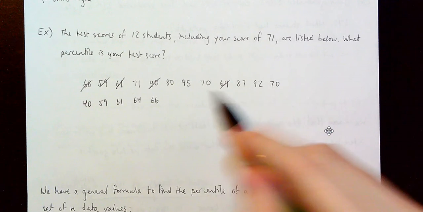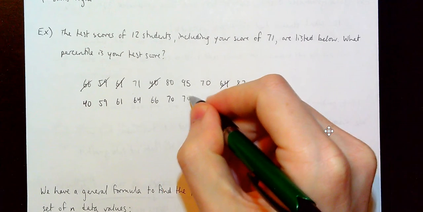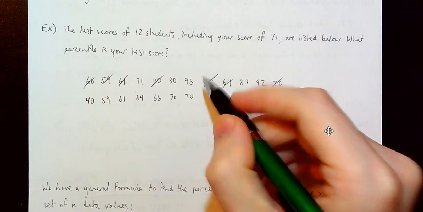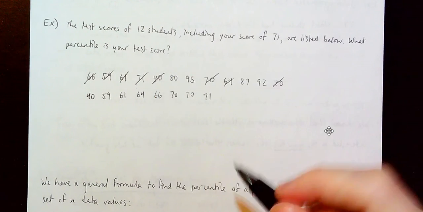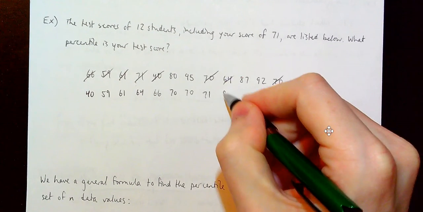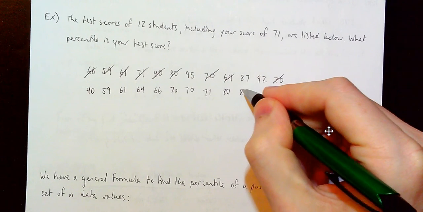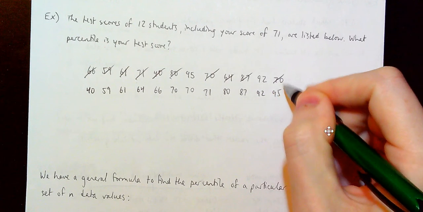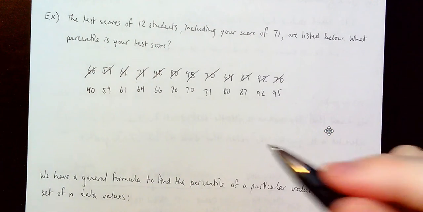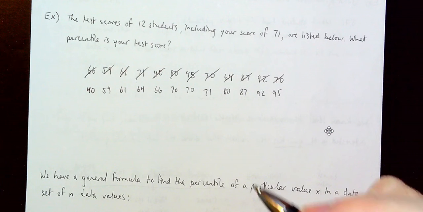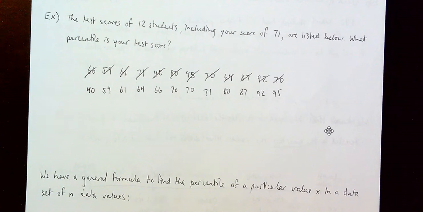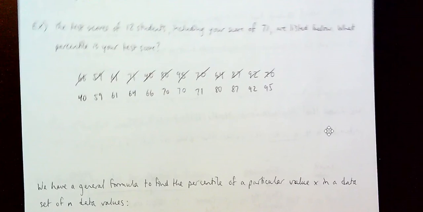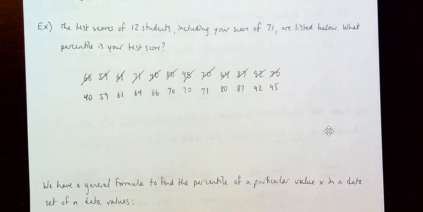Notice that we have two 70s. Then I have a 71. I have an 80, and an 87, a 92, and a 95. So we have our 12 test scores, but now they are in increasing order.